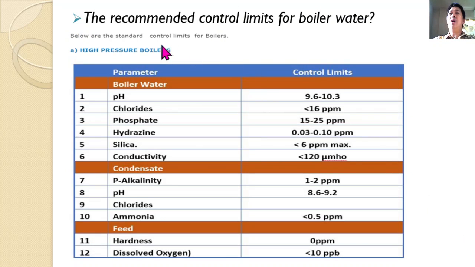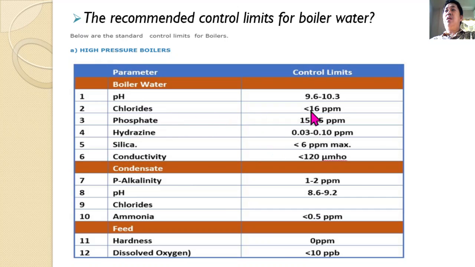So we have here the recommended control limits for boiler water. Below are the standard control limits for boilers. For the high pressure boiler, we have here parameters 1 to 6: pH, chlorides, phosphate, hydrazine, silica, conductivity. For pH, we have 9.6 to 10.3 for a high pressure boiler.